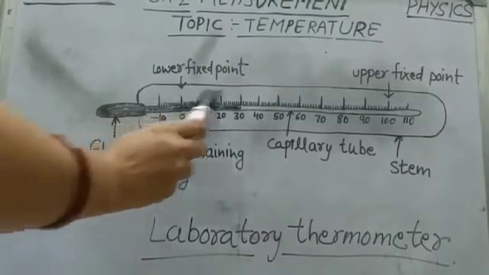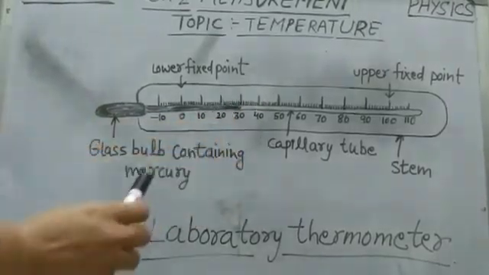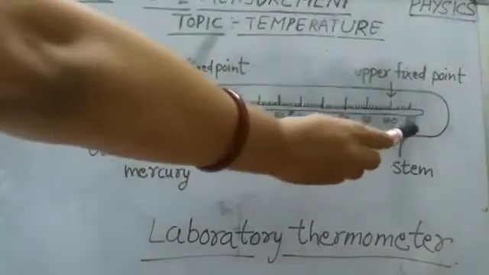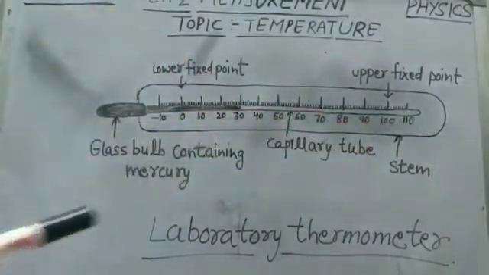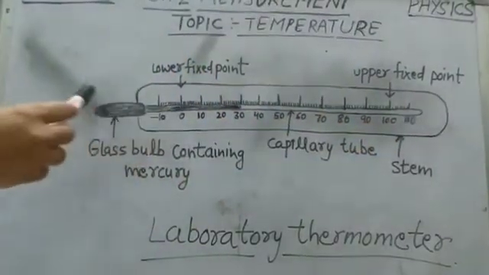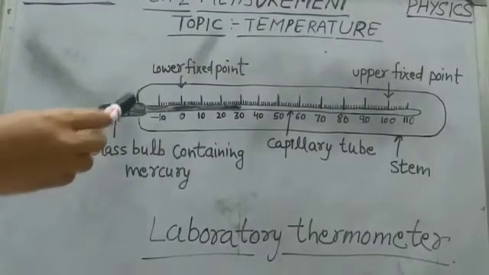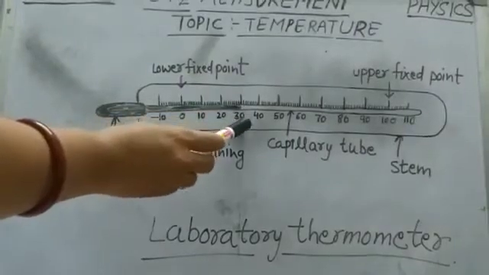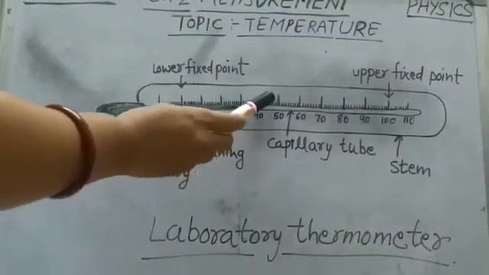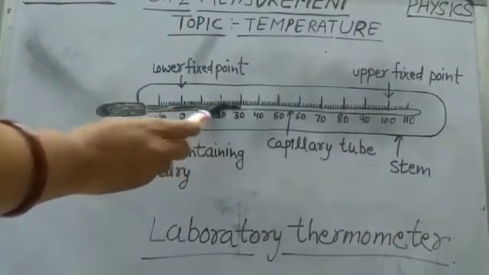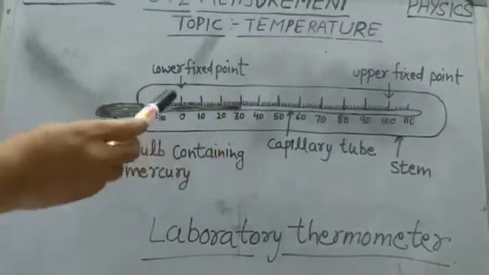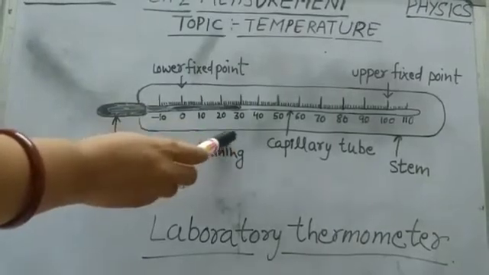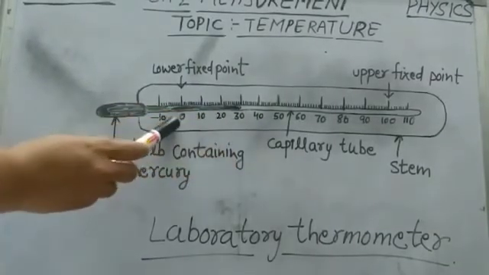The stem is marked from minus 10 degrees Celsius to 110 degrees Celsius. When the bulb of the thermometer is dipped in hot water, the mercury expands and rises in the capillary. When the bulb is dipped in cold water, the mercury contracts and the level falls down.